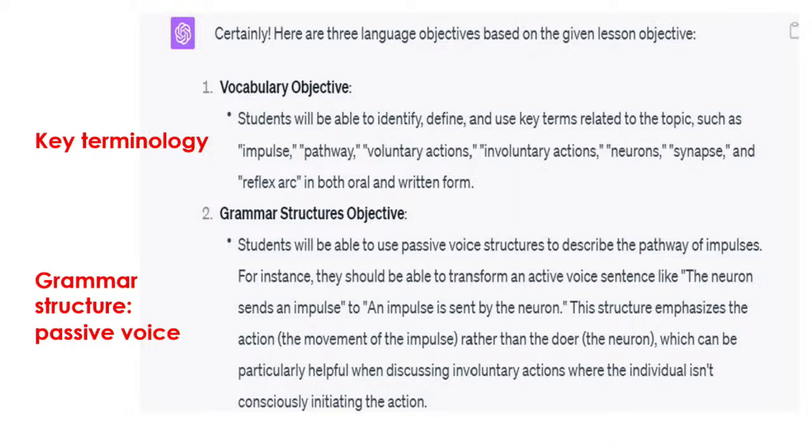It emphasizes the action, the movement of the impulse, rather than the doer, the neuron. So really, for science teachers, is it true that sometimes they will write in the passive? Yeah. But students may not know this. And so science teachers may need to teach them how to do it, and you can get ChatGPT to help you.